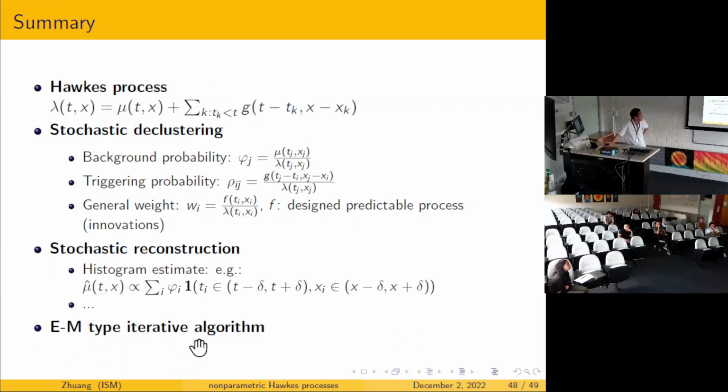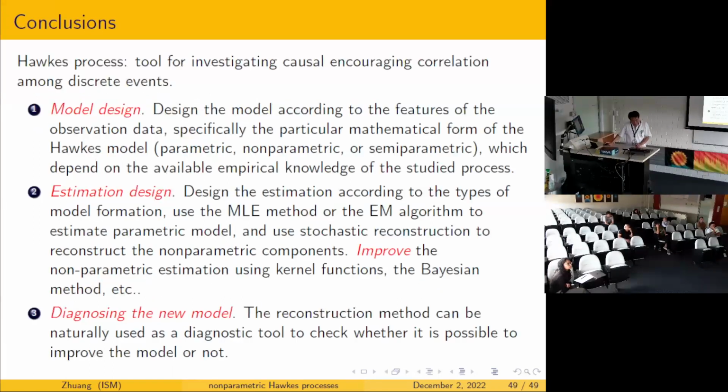And finally, we use the EM algorithm to do the iteration to get convergence between each component and the relaxation parameters. And so in conclusion, the Hawkes process can be used as a tool for investigating causal or correlation among discrete events.